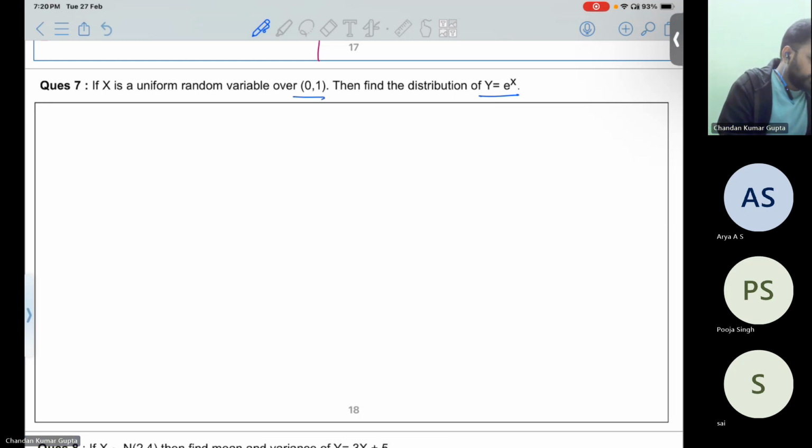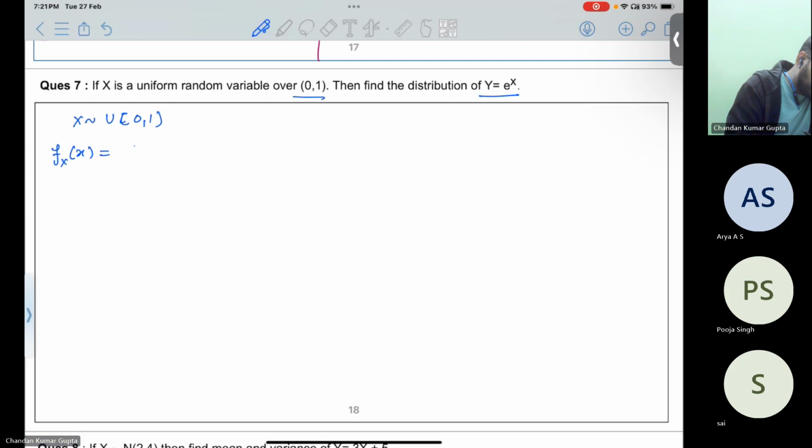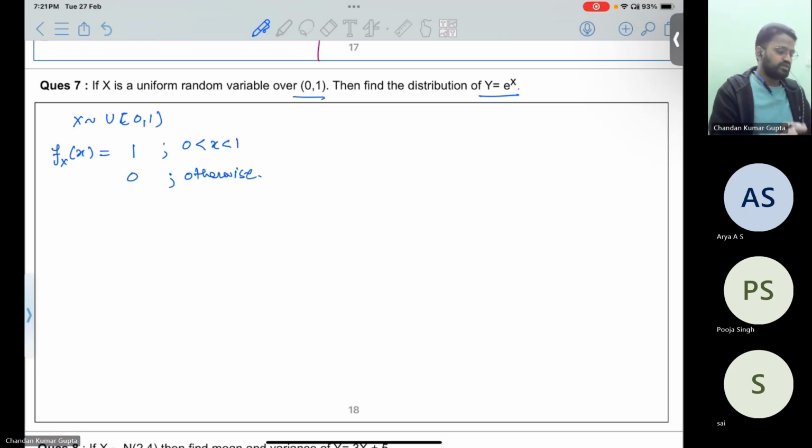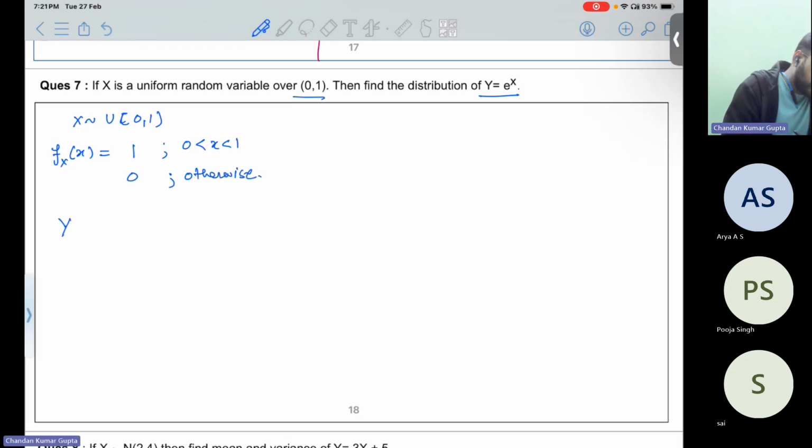The PDF, since x follows uniform 0, 1, so f(x) will be 1, and 0 otherwise. And we are given the transformation equation y equal to e to the power x.